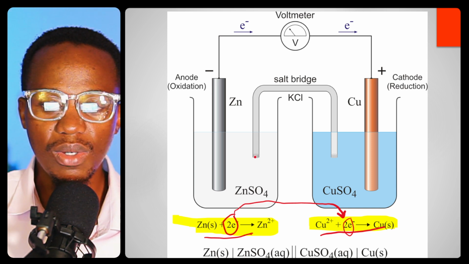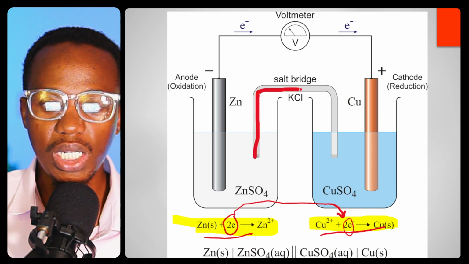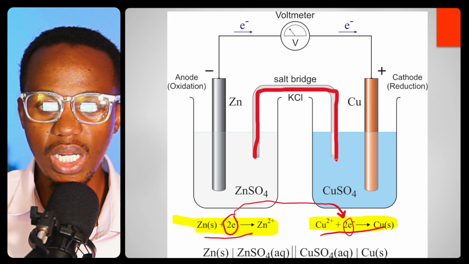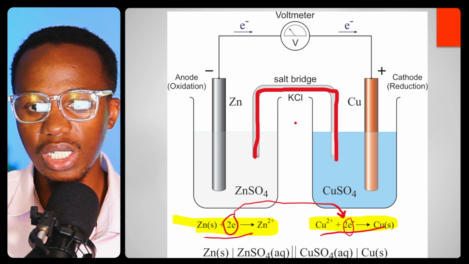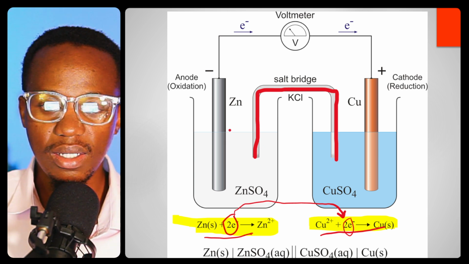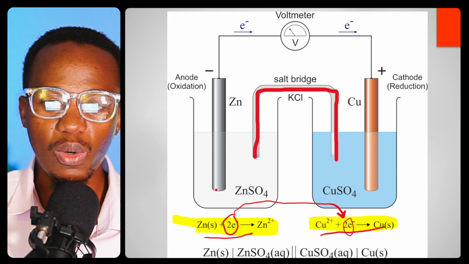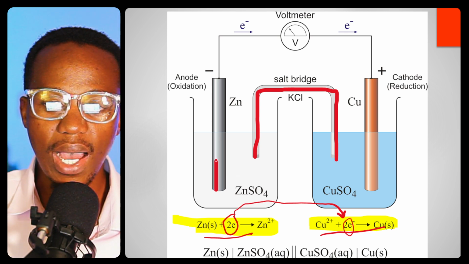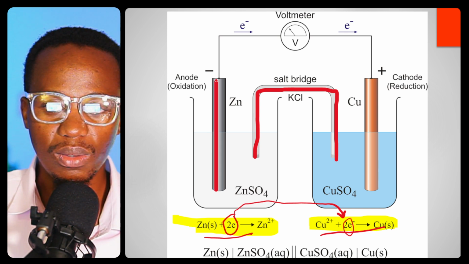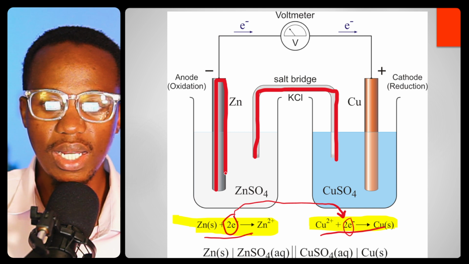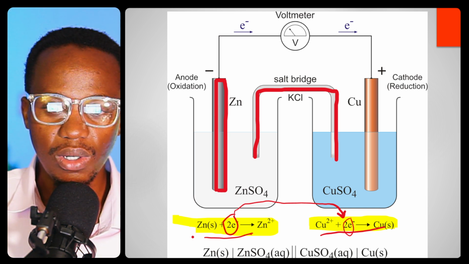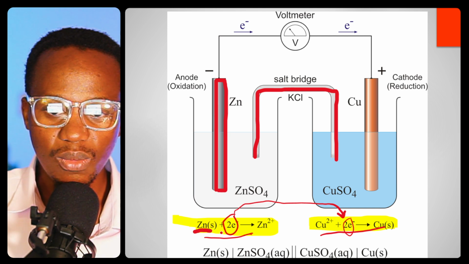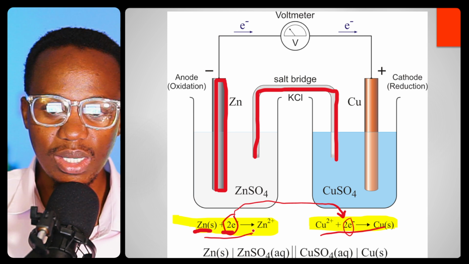We connect them by what we call a salt bridge. That's a salt bridge. And in addition to that, we add a metal. We call these electrodes. So here, zinc, when it loses 2 electrons, becomes zinc 2 plus.